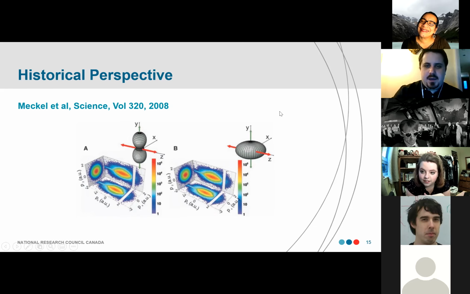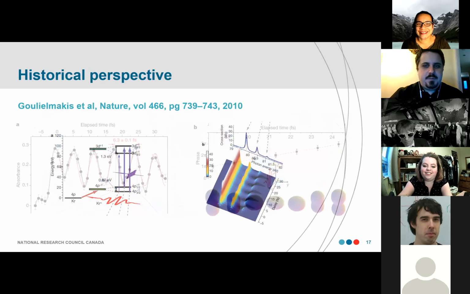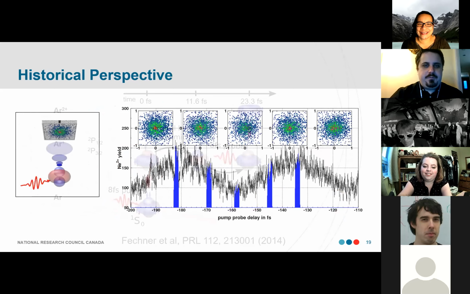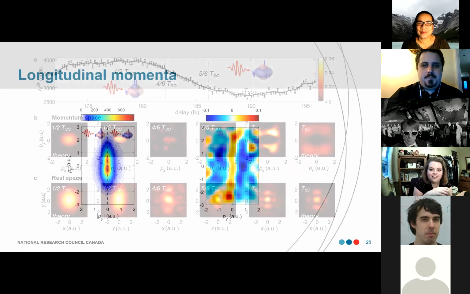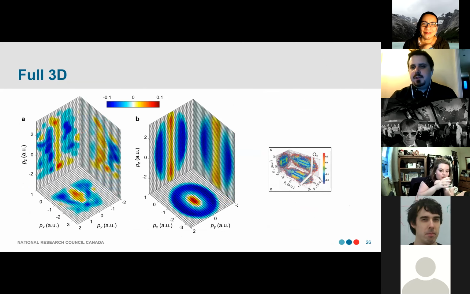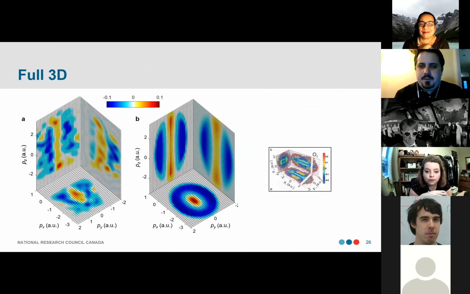I will admit, I am not 100% sure about how the theory was done on this. I didn't have a hand in it, but I believe, for example, this theory here was just done using the GAMESS package, and he did a full ionization and propagation with GAMESS to generate this image.